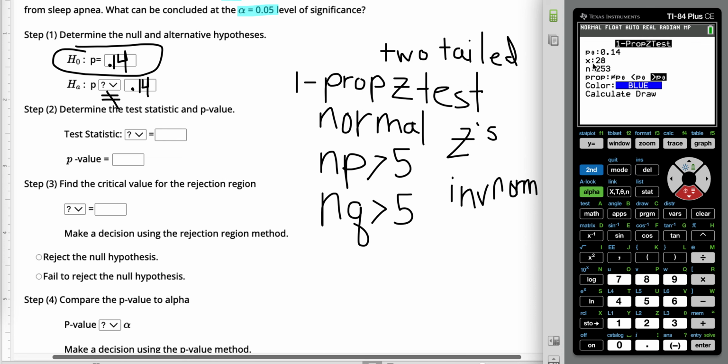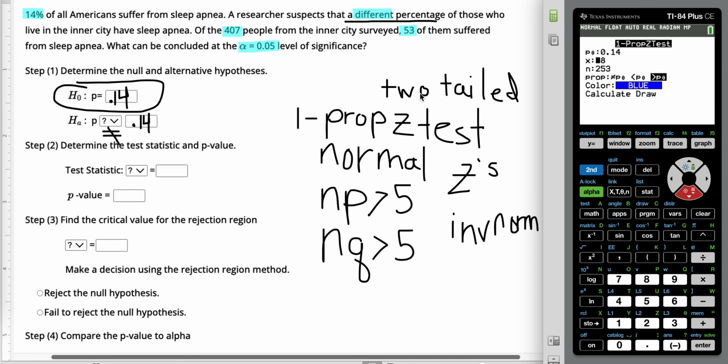And the number of successes in this, it says 53 of them suffered from sleep apnea. So even though this isn't a positive connotation, we know that what we're looking for is how many had sleep apnea. So we have 53 successes out of a total of 407 in the sample. So my sample size is 407.